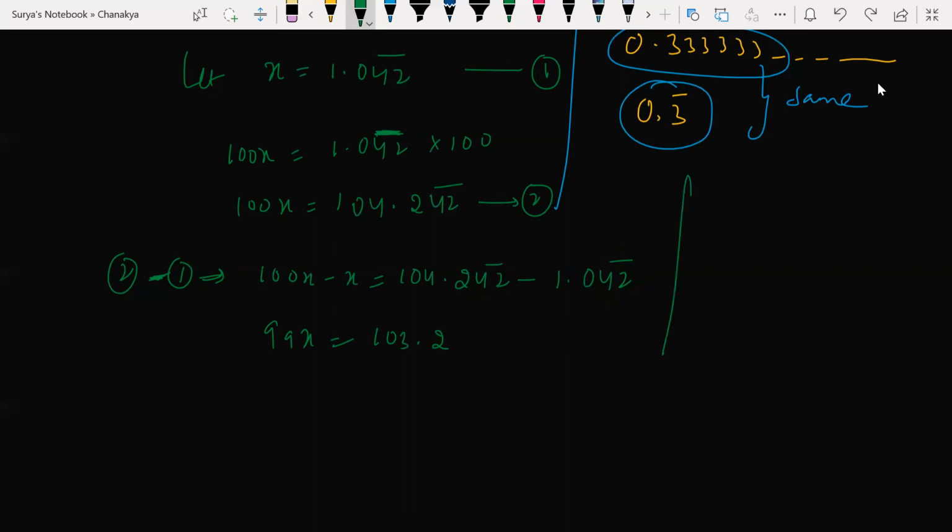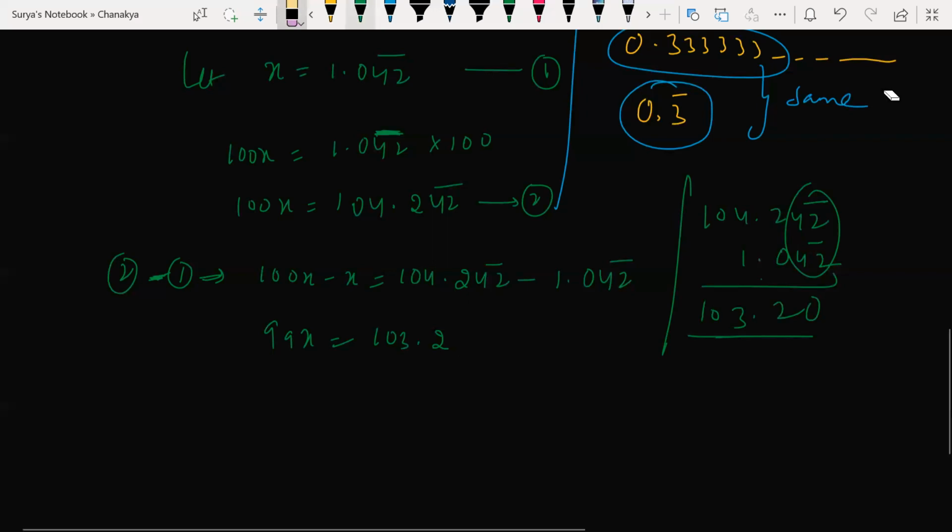If you have doubt, look at this: 104.242 bar here, 1.042 bar. 4 bar will be 0, 2 minus 0 is 2, 4 minus 1 is 3, like this. I got 103.20. Even if you write 0 or do not write 0, it doesn't matter. I'm subtracting, right? So what is x going to be now?